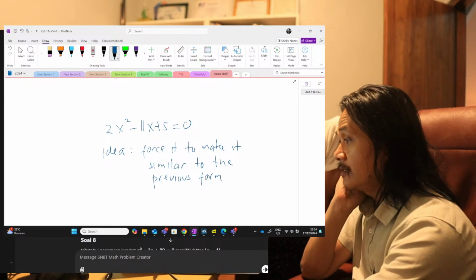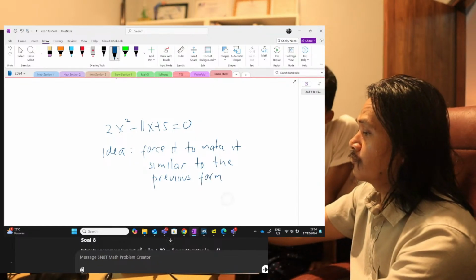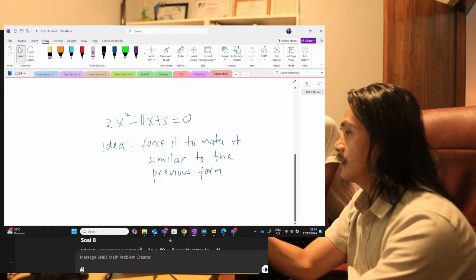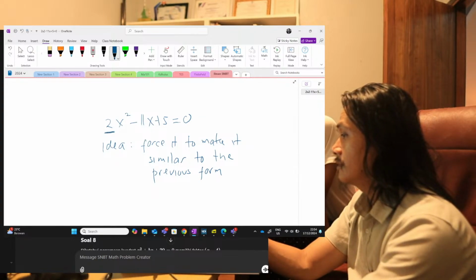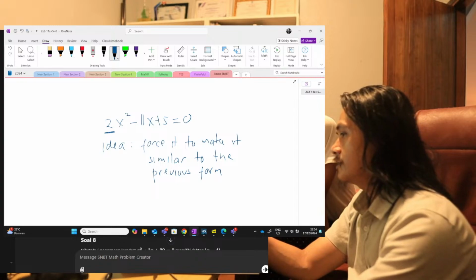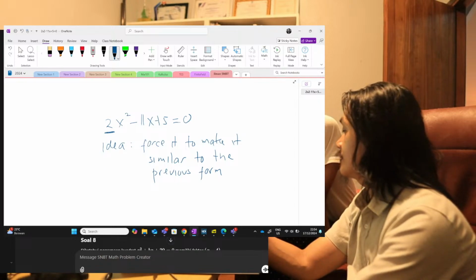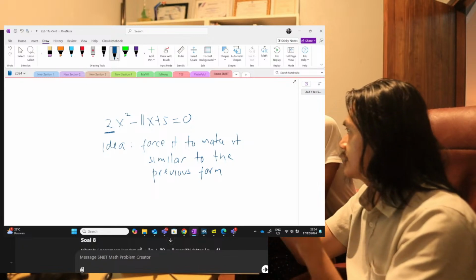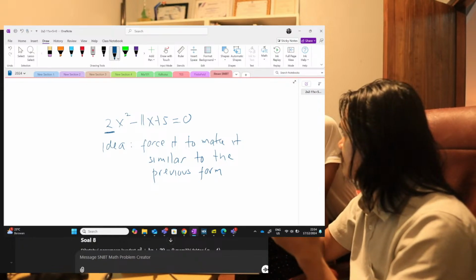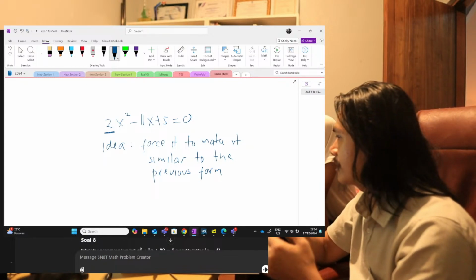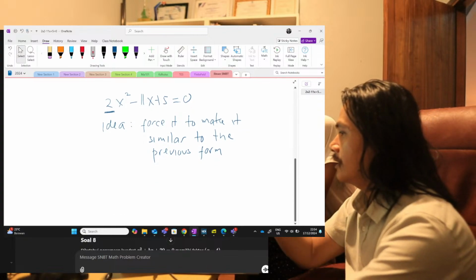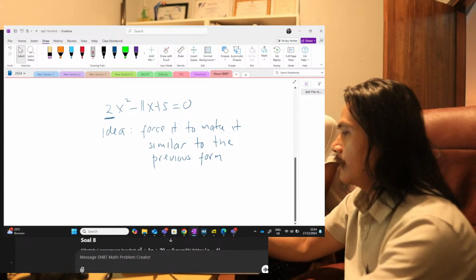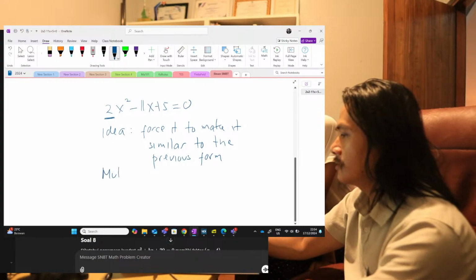Previous form meaning that this guy needs to be equal to 1, right? So the option is you divide by 2, but again you need to guess. It is still the same way, but maybe not very nice-looking. So instead I'm going to multiply by 2.